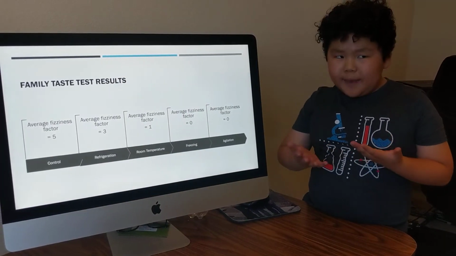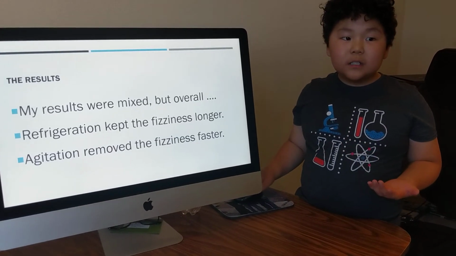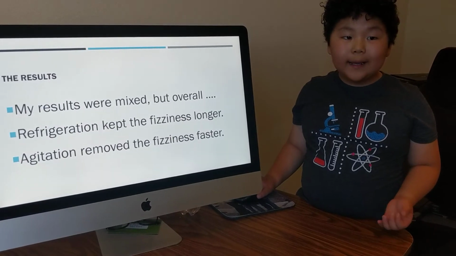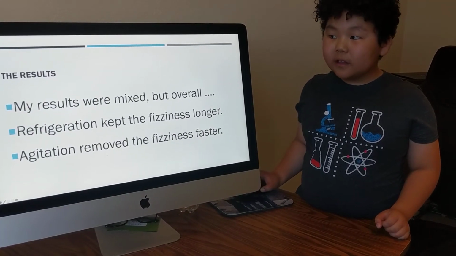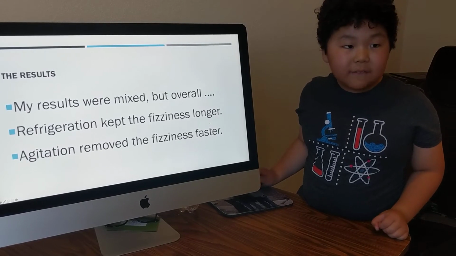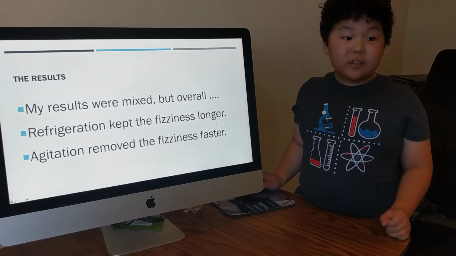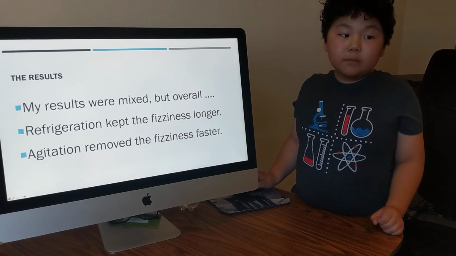My results were mixed. When I measured the carbon dioxide by weighing it, I found that agitation didn't impact the fizziness more than just sitting on the counter in room temperature.